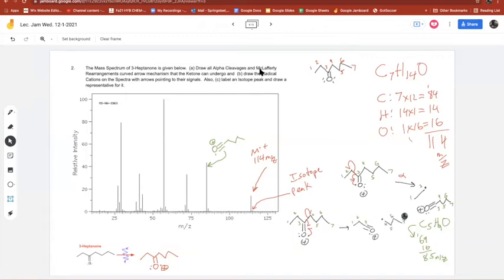There we go, looking good. And the formula for this one will be C3H5O, and that weighs what? It's 36 plus 5, 41, plus 16, 57 mass to charge.